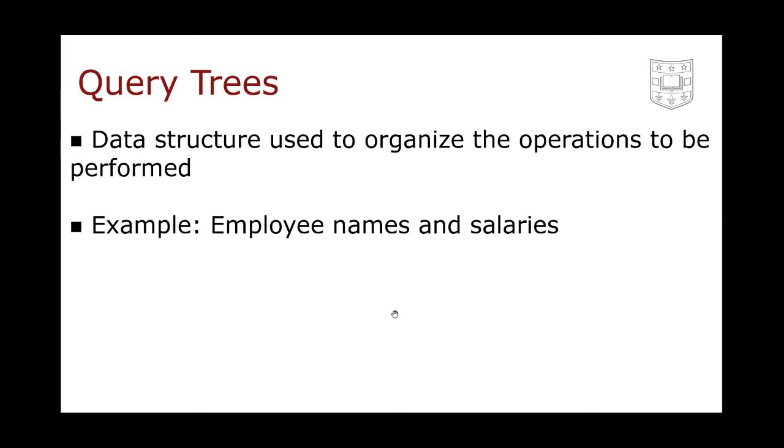And a query tree is a data structure that's used to organize what operations need to be executed in order to execute a particular query. So if I give you a SQL query using the clauses that we've been talking about, how do I turn that into a series of relational operations? And what order do I execute those operations in?